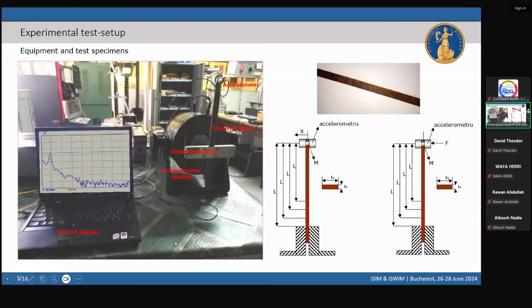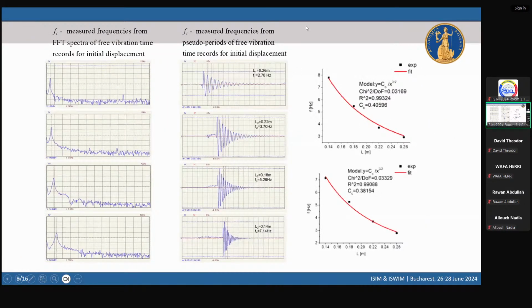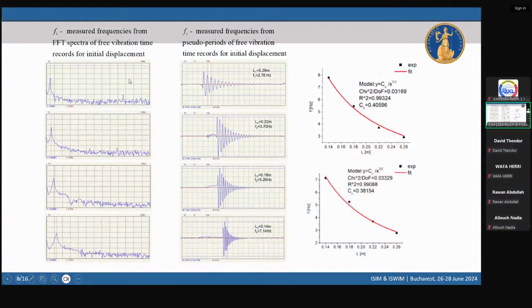So the response of these two initial force or displacement, here are shown the displacement, initial displacement imposed as the excitation of the sample, and for different lengths of samples.